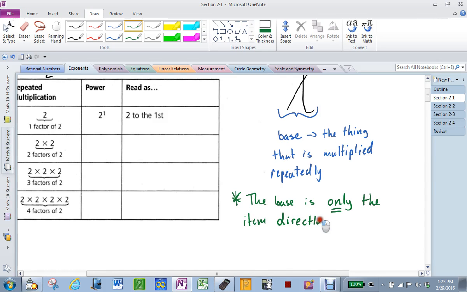Please underline, please highlight, please put the Mrs. Bad Crumble cloud around it. I don't care what you do to remind yourself of this. But the base is only the item directly left of the exponent.